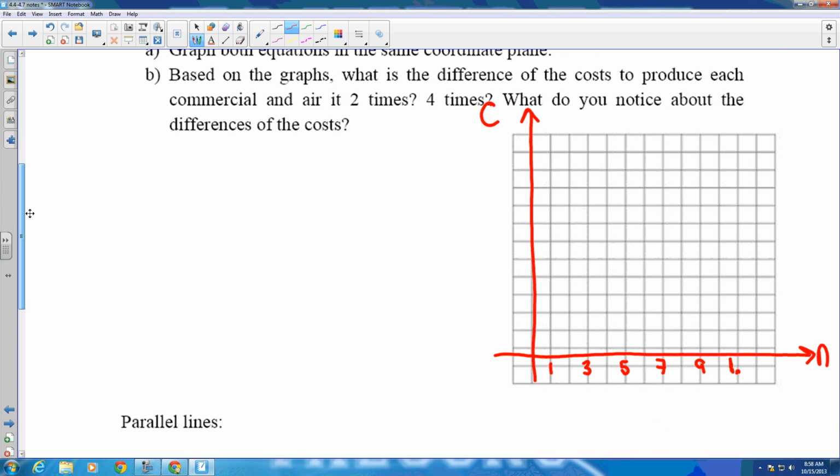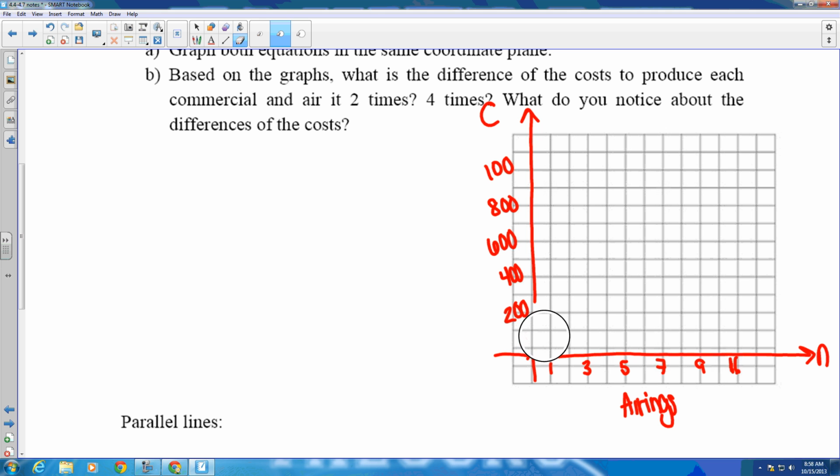I'll write that on the bottom, this is airings. There we go. And the cost, I am going to make a little jump. Start right here at 200 and then go by 100s. I guess we didn't really need the jump, did we? Just going by 100s. Let's take that out so we don't get confused. Okay.